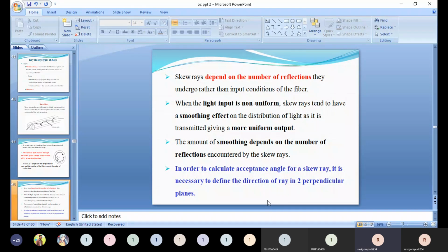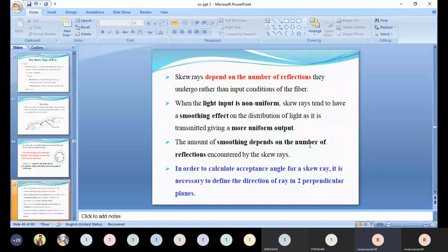When the light input is non-uniform, skew rays tend to have a smoothing effect on the distribution of light as it travels in the core, giving a more uniform output. Because of this helical effect, the waves can be made uniform, and the output is uniform. If the input light is non-uniform, that can be done by smoothing effect.